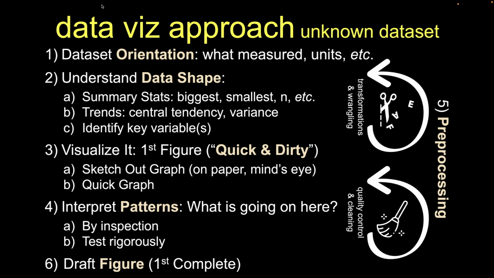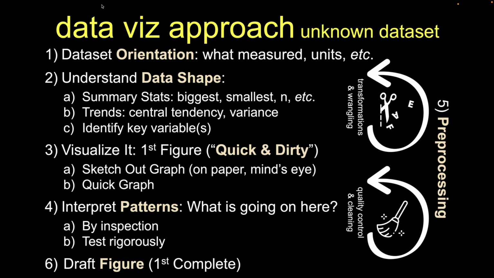Maybe a quick and dirty visual sketch, or in your mind a layout of a sketch. See if you can knock out a quick graph and make sure the data can work for that. Once we do that, we can start to look for patterns, and then we can start to work on our real, more professional, official thing.